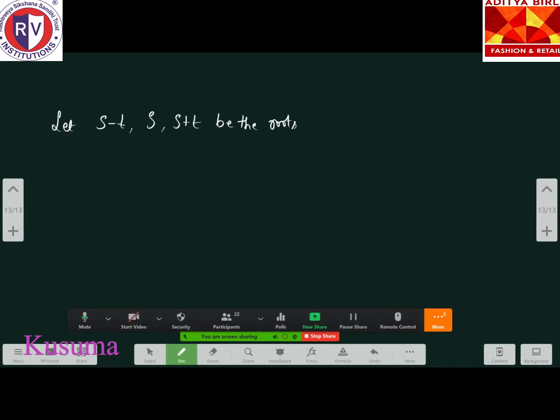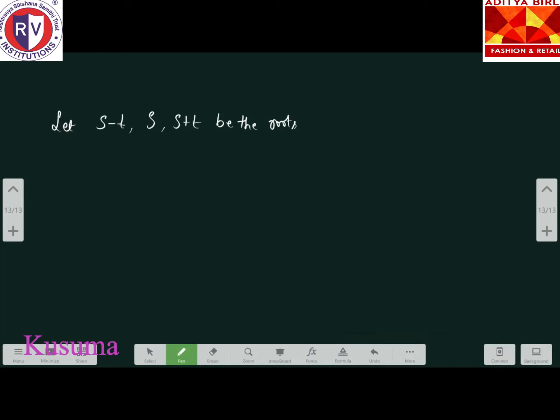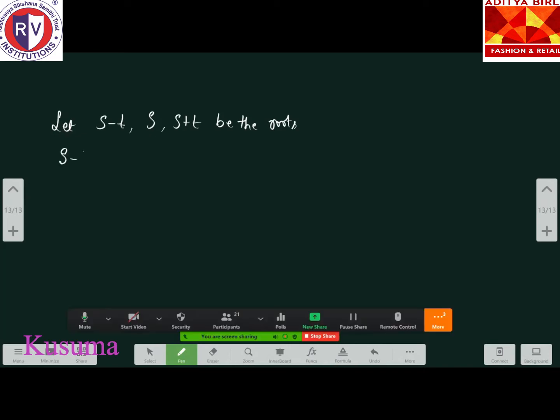Just as we saw, the sum of the roots is the negative coefficient of x square divided by coefficient of x cube. So here the sum of the roots, s minus t plus s plus s plus t, should give us minus a, right?